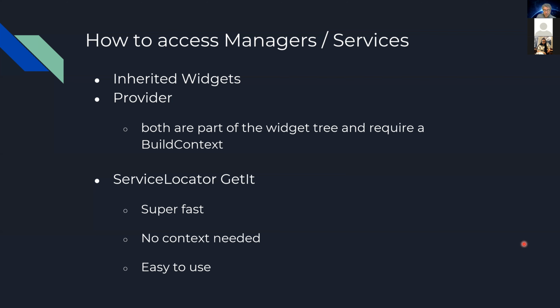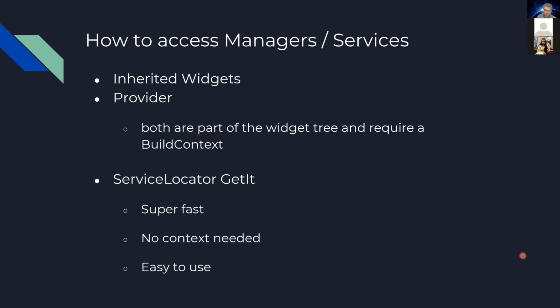I decided pretty early that I wanted something else, so I wrote the service locator get_it. I more or less ported a service locator that I knew from Xamarin, called Splat. The nice thing about it is it's extremely fast, and you need no context.